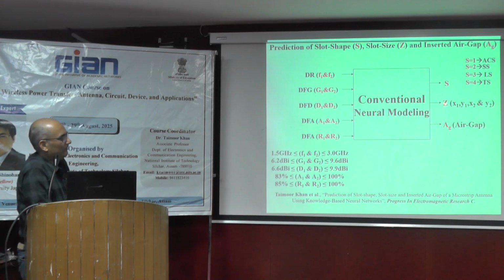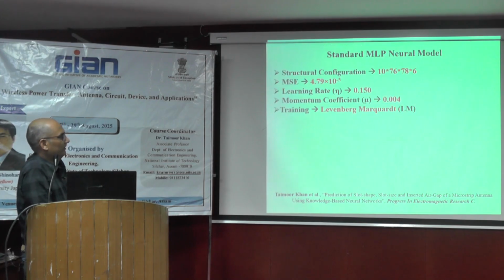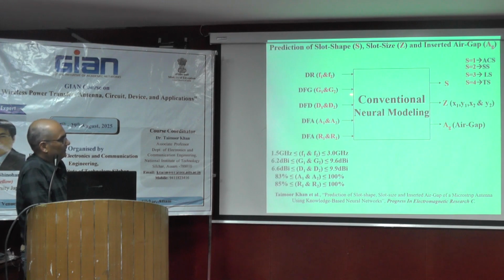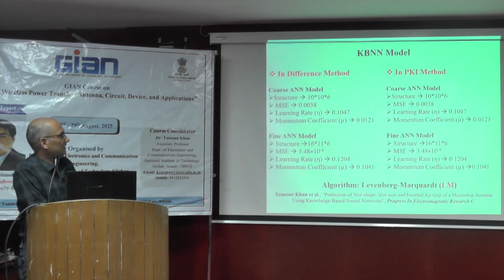the air gap. Then on the input side, electrical performance: dual resonance, dual frequency gain, dual frequency directivity, antenna efficiency, radiation efficiency. Then we need to apply the knowledge based approach to reduce the structure. It is the same approach we used earlier, but all values are different because it is optimized for this particular case.